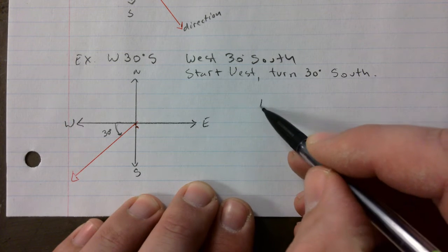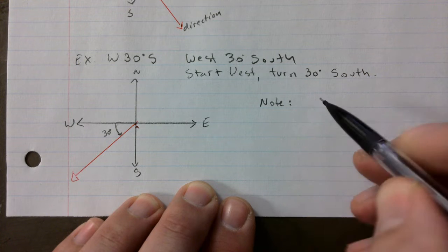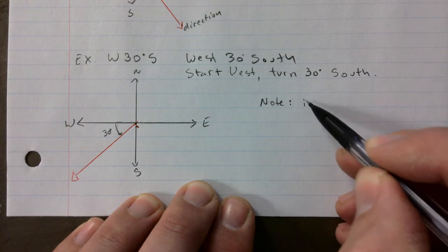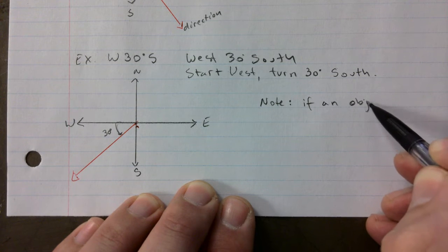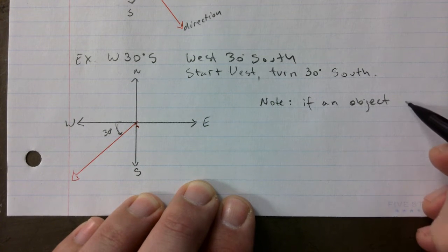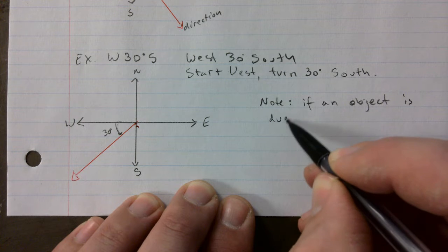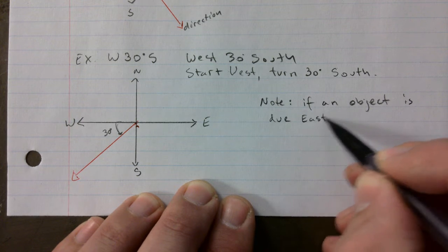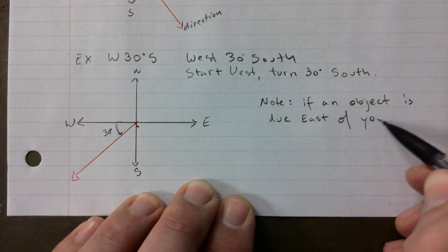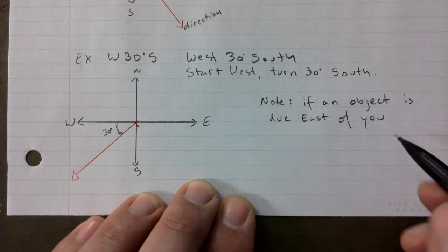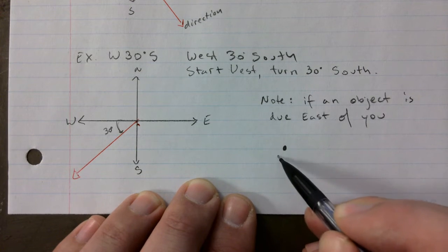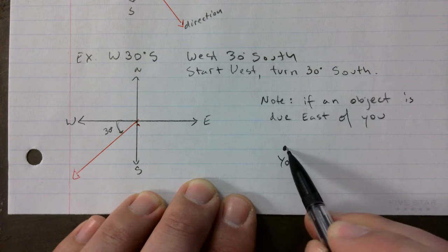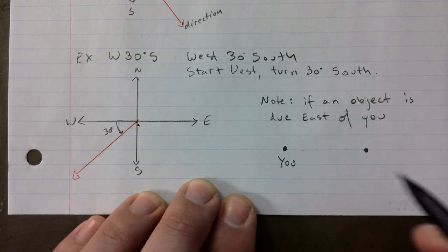I'll add a note here. If an object or location is due east of you, it means that if this is you, then that other object will be east here.